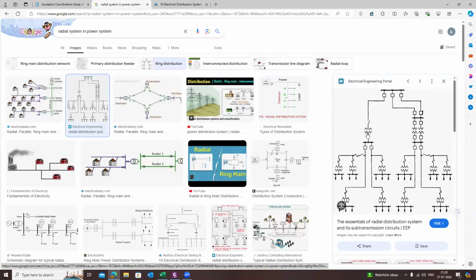Because power flow is known in the radial system. Suppose I am connecting a 100 kVA load here. How does the power flow? Power flows through this branch, correct? Suppose I am connecting a 100 kVA load at this point. Power flows from this bus to this point through this path, right? So this is the path.